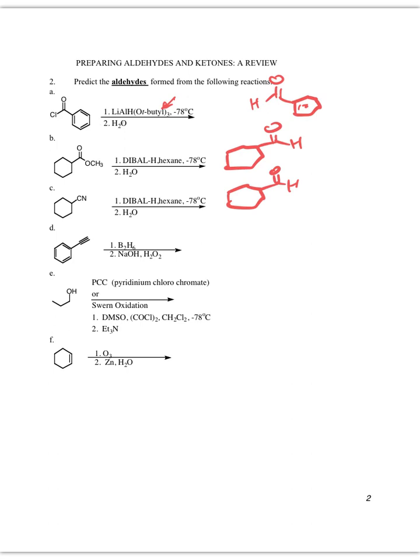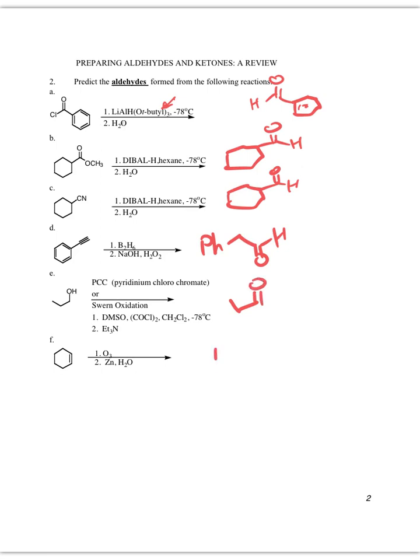B2H6 or R2BH, whatever borane you're going to see it as, might be a dicyclohexylborane. What's off the boron other than the hydrogen doesn't really matter. It puts the carbonyl at the end of the chain. PCC, or Swern oxidation, remember we learned, is an oxidant that takes an alcohol up to the aldehyde.